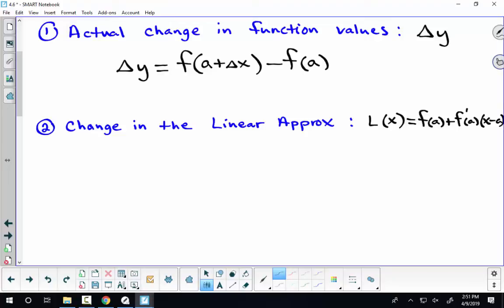So the change in the linear approximation as x changes from a to a plus delta x, your textbook's going to call delta L, the change in the linear approximation. And that's defined as L evaluated at a plus delta x minus L of a.